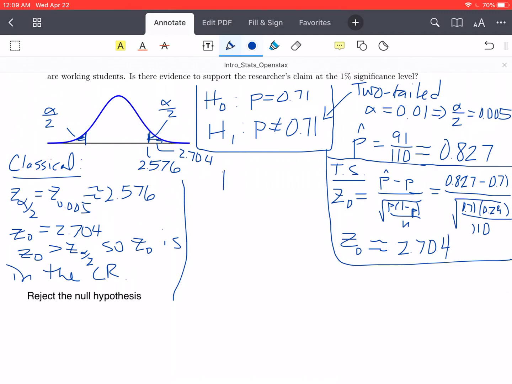Right? And then for the p-value approach, the p-value is the probability that z is greater than or equal to 2.704.